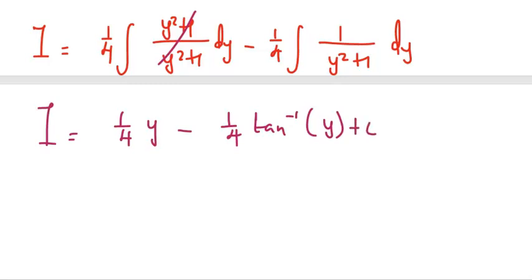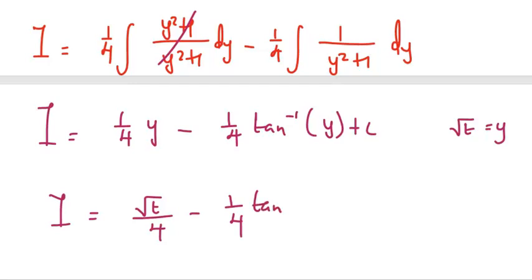So what is our y? Remember, square root of t is equal to y. So we replace. We get I is equal to, oh my god, what are we getting? This is going to be square root of t by 4 minus 1 over 4 multiplied by the inverse tangent of square root of t and then plus c.